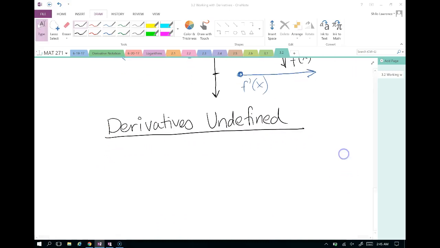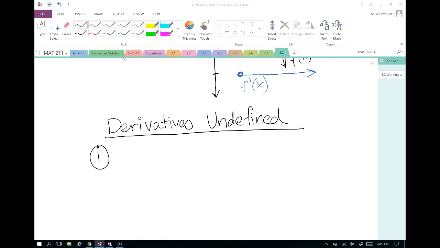So some places where we cannot take the derivative. Well, the derivative is defined using a limit we just saw in the last section. So anywhere we can't take a limit, or anywhere the limit does not exist, is going to be a place where we can't do the derivative.